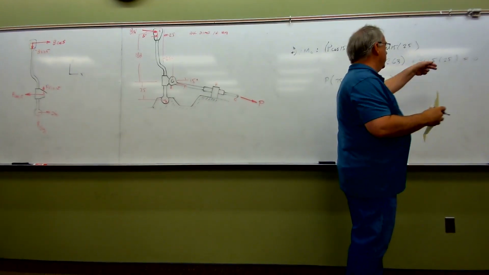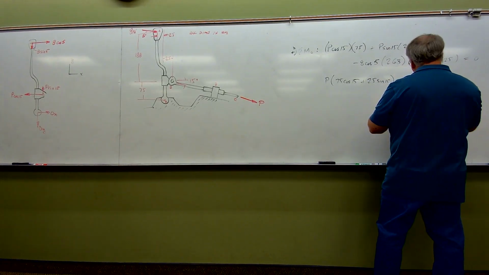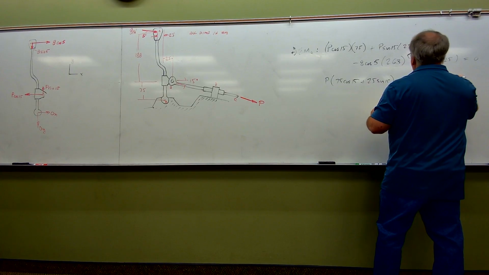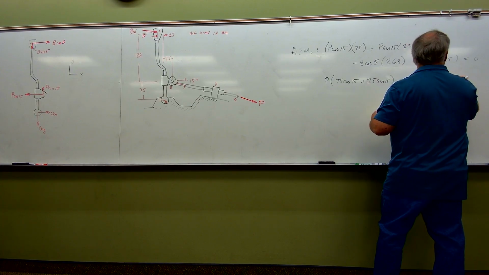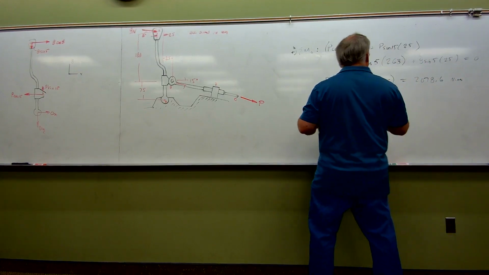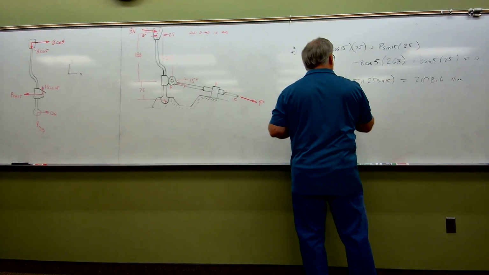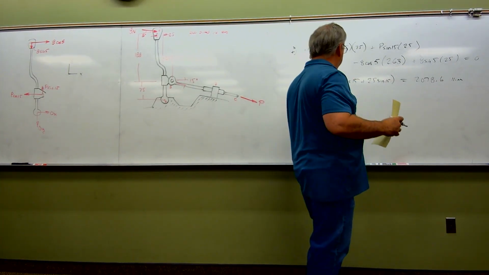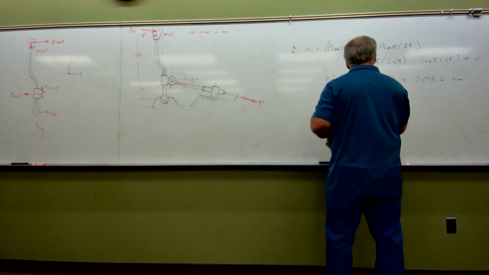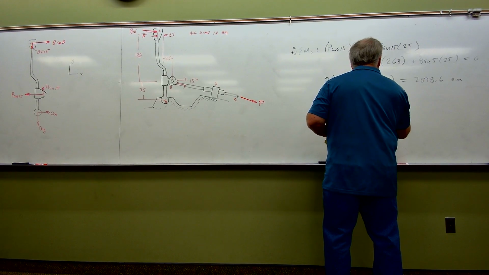This would become negative. So do all that. That's going to work out to be 2078.6. The units on this, by the way, folks, are Newton millimeters. And this is going to be in newtons. So now I'm going to solve for P. Obviously, all I have to do is divide by this term here on both sides. And folks, when all is said and done, we get 26.3 newtons.